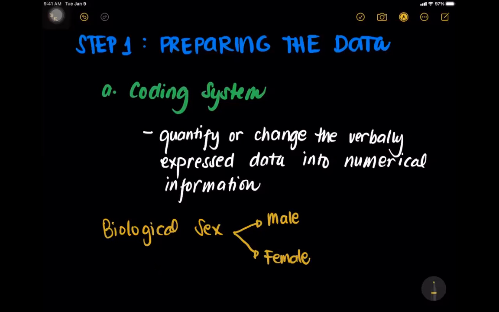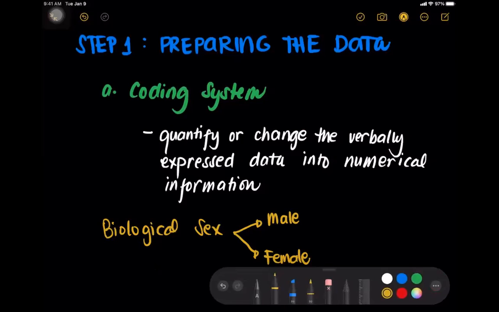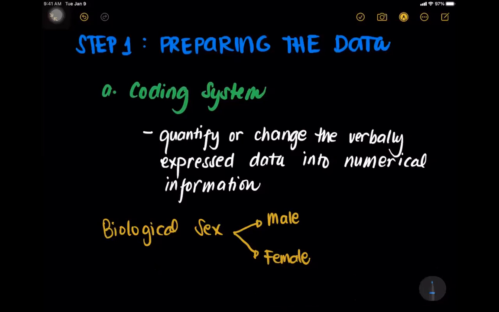So we have what we call your coding system. What we do is we assign a certain numerical value for each variable. Let's say if it's a male, we assign number one, and if it's a female, we assign number two. But remember this, the numerical representation of our nominal variables here does not have any value.